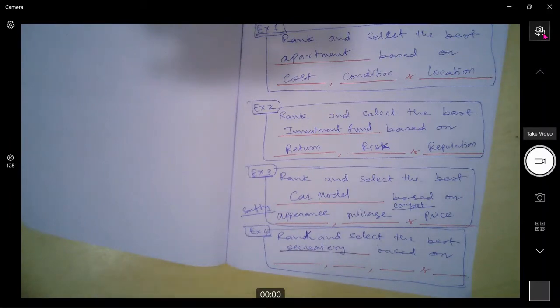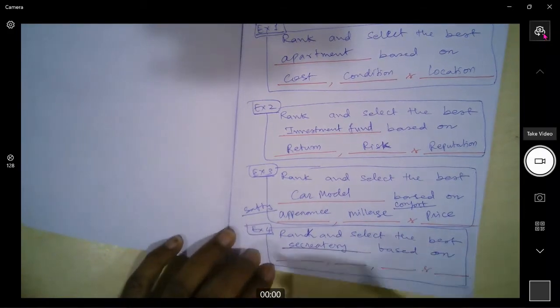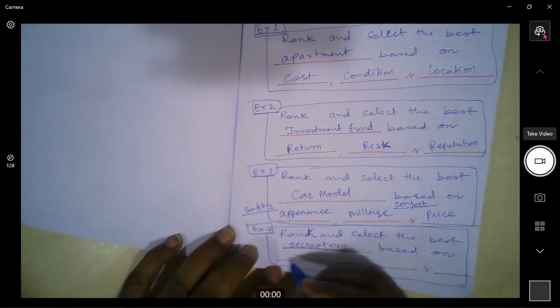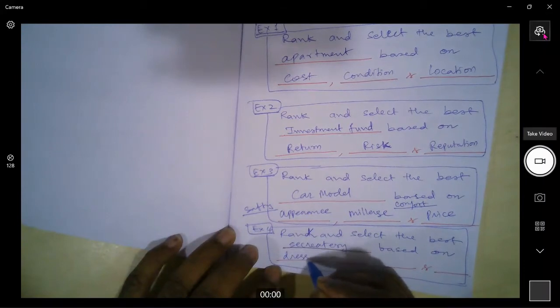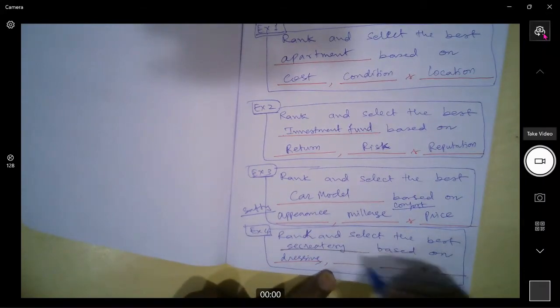How will you select which is the best secretary, which is the second best, which is the third best, and so on? What is your criteria? Some people may take dressing as a criterion, and one other criterion may be the smile.